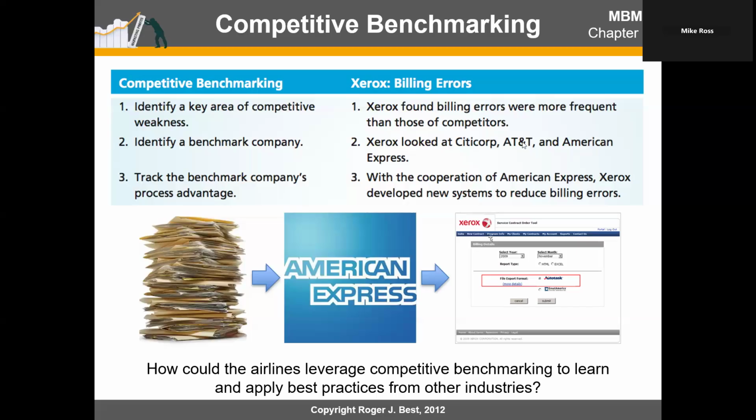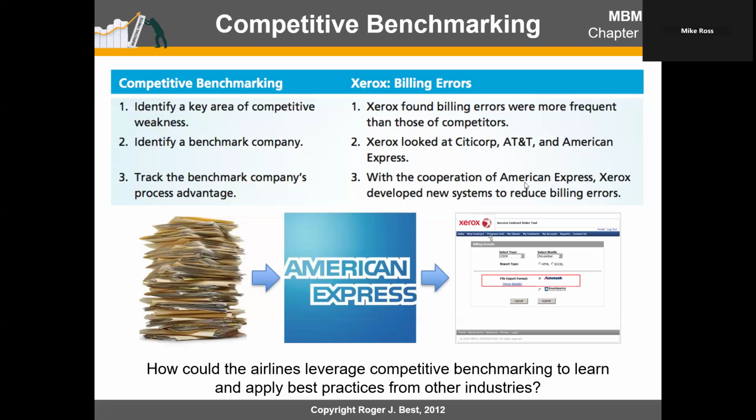Well, looks like American Express does a good job, and so you could learn from a company that is excelling in that particular performance area, but is outside of your industry, right? So Xerox is not in the same industry as American Express.